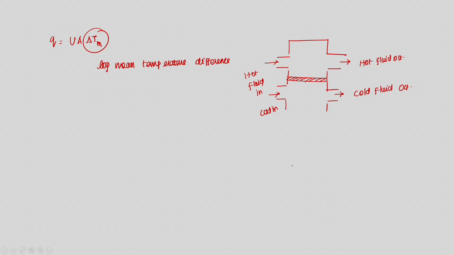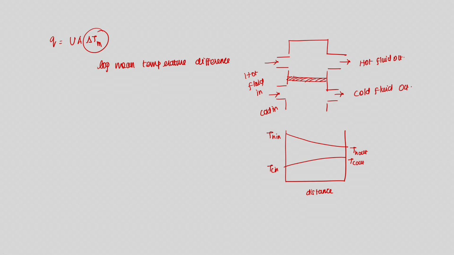So, if you make it in terms of distance versus temperature, the T H in, T H out. So, this is in. So, this is T C in and T C out.